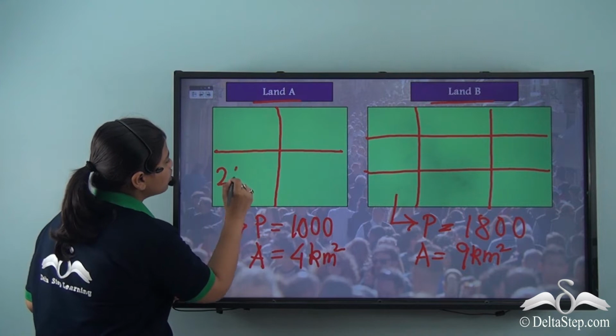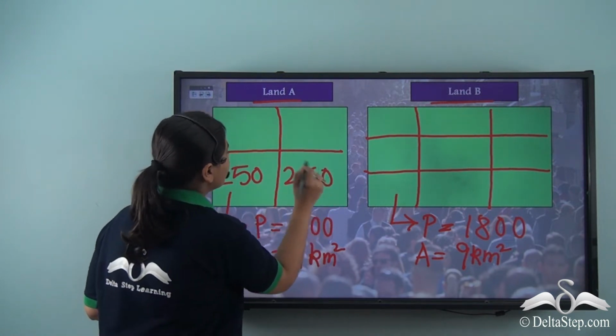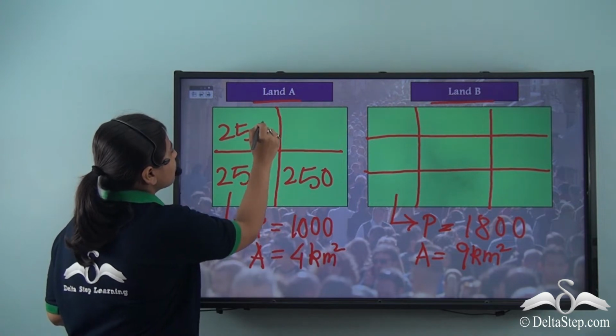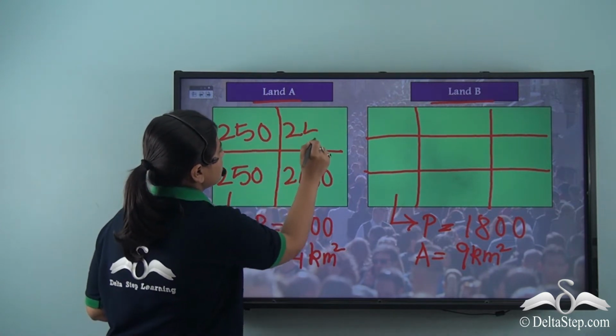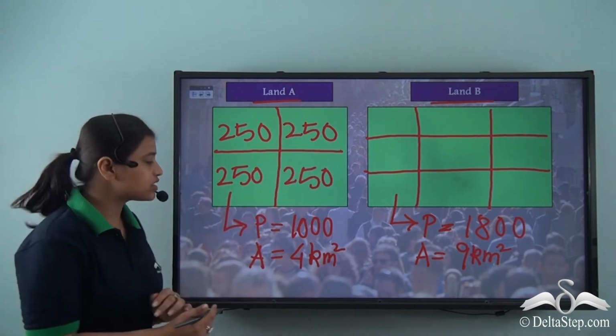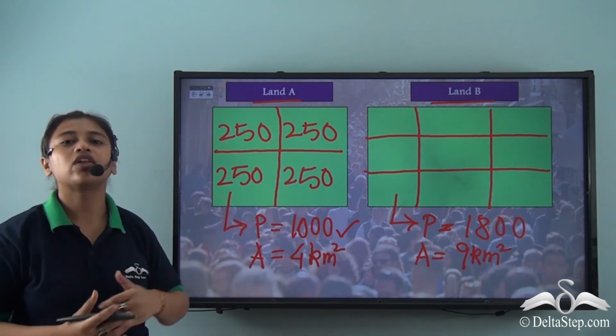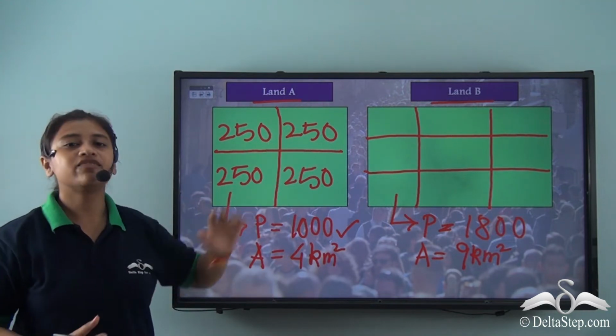So, we have 250 people living in each unit. So, the total population counts to be 1000, and the area remains the same, that is 4 kilometers square. So, this was the division for land A.